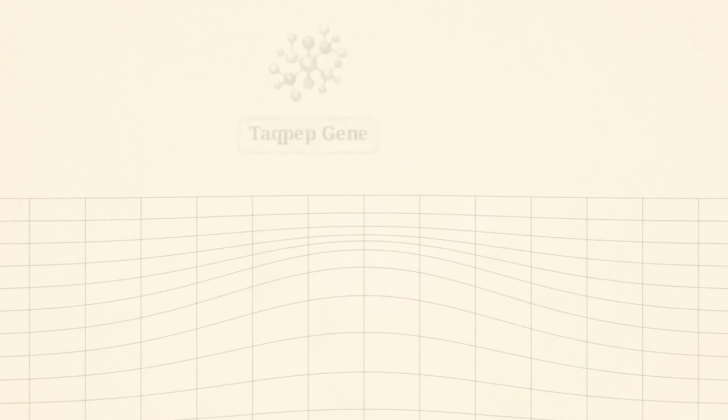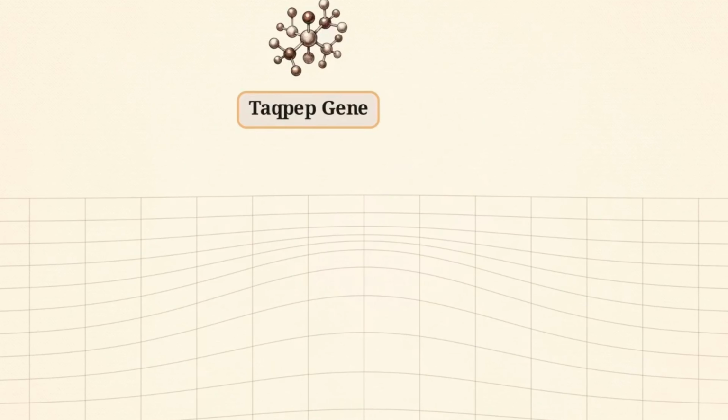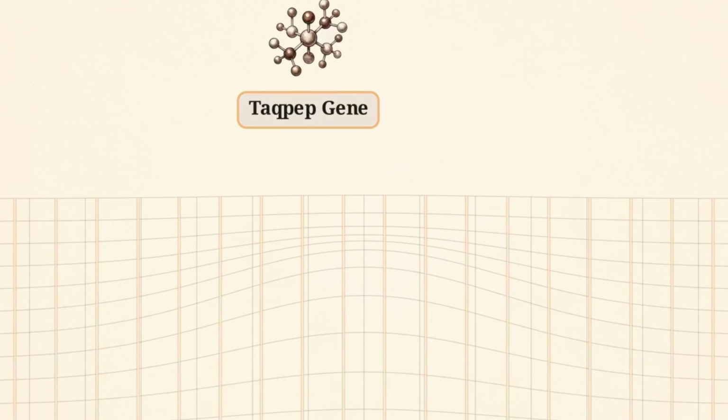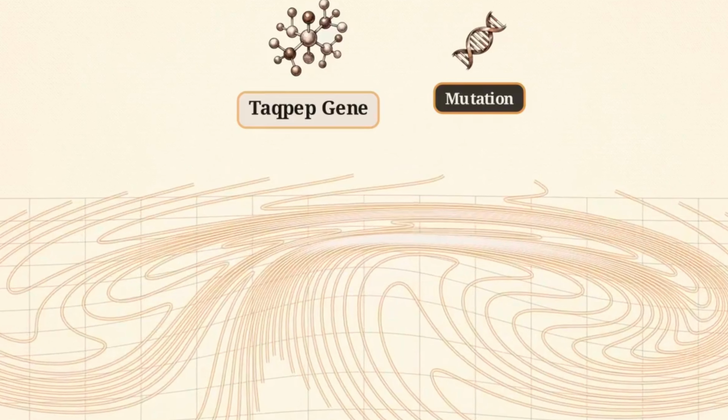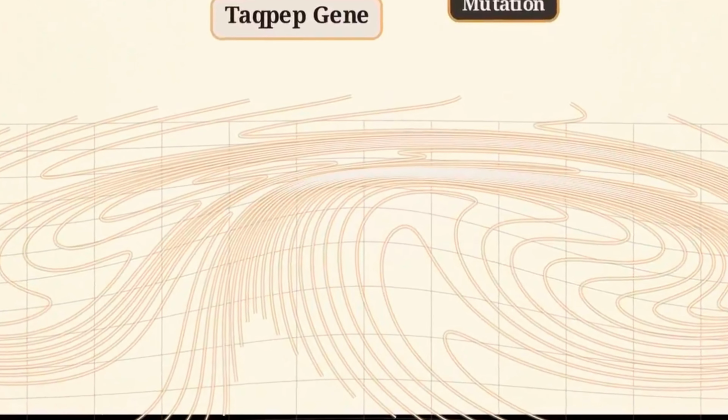This physical alignment is driven by cellular architects that begin the printing process before the cat is even born. During fetal development, the Taqpep gene establishes an invisible pre-pattern in the skin, acting as a biological grid defining the future coat. A specific mutation can alter these boundaries, stretching uniform stripes into the swirling blotches seen in classic tabbies.